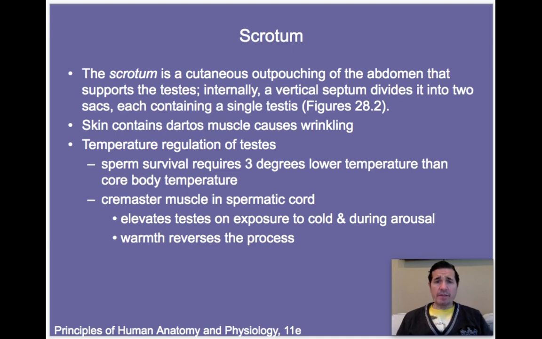And what happens is, at some point during the fetal development, just before birth, the testes drop into the scrotum. And that actually allows for a temperature difference, which is very critical as far as the production of sperm cells. If we don't have that lower temperature, the sperm cells will be produced irregularly. So I want you to realize that.